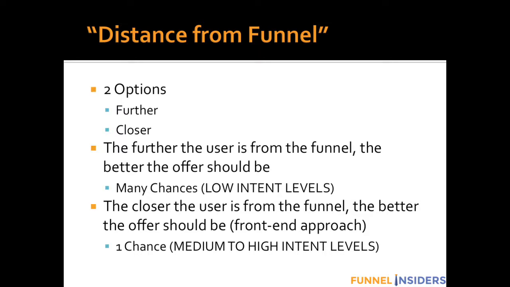I'm going to keep everything very simple here, and we're going to go into the diagram. You're going to see it's a simplified version of this, but the combinations are endless. The users that are furthest away from the funnel, the better the offer should be, especially when you have something of a low intent level, like view content, because people who viewed content, you want to expose them to different tiers of giveaways and discounts.